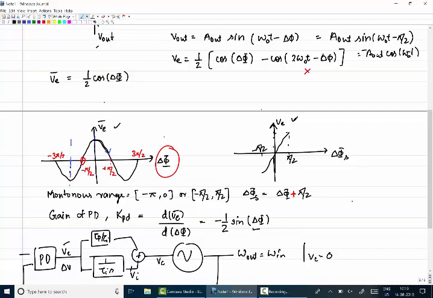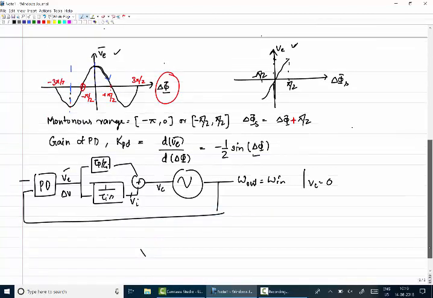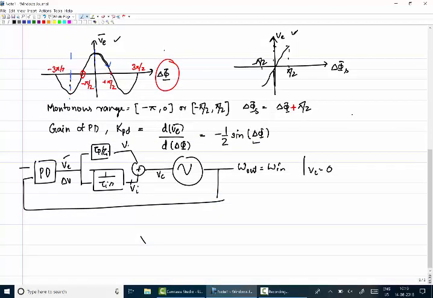Do you agree? This is a little bit confusing, so let me just say my VC is equal to VP plus VI. The error which is coming from the proportional path, and the error which is coming from the integral path.